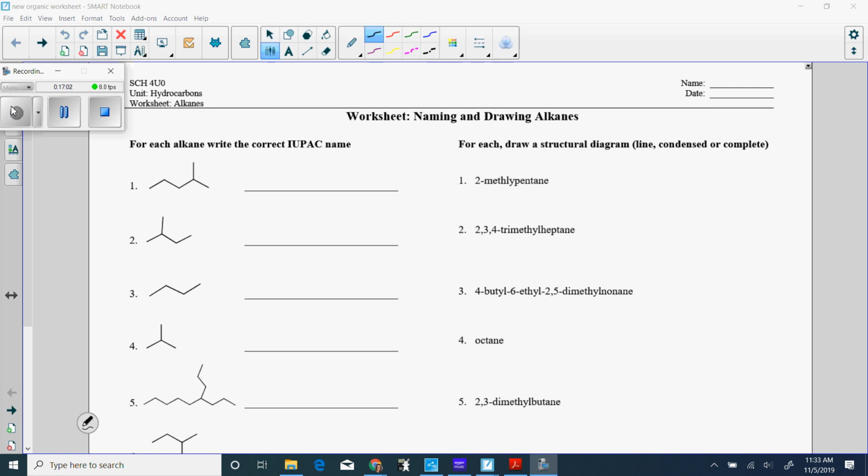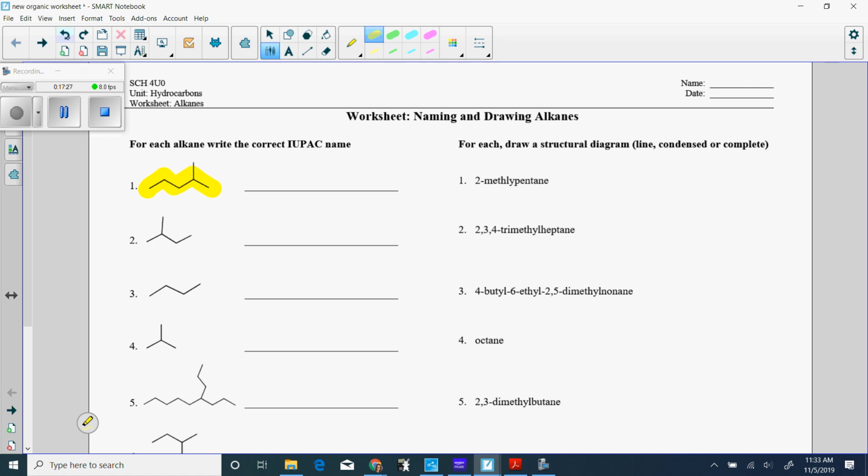So we're on number 2. I'm going to use my yellow highlighter first because step 1 is to find the longest continuous chain. Options: 1, 2, 3, 4, 5. This is a chain, but that's not obviously the longest. 1, 2, 3, 4, 5.